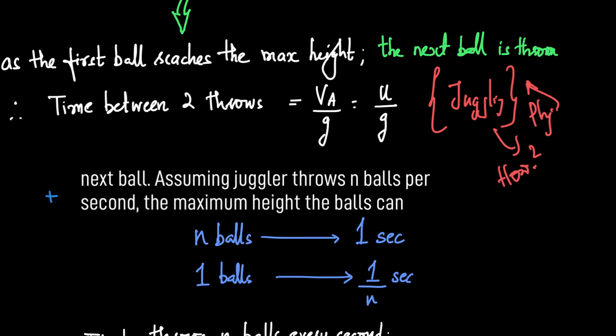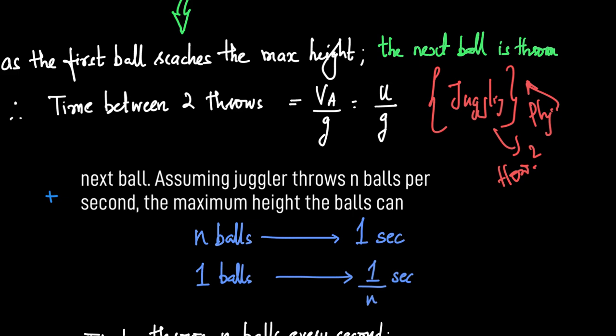Now, assuming the juggler throws n balls per second, the maximum height the balls can reach is the question. If n balls are thrown in 1 second, one ball will be thrown in 1 by n second.